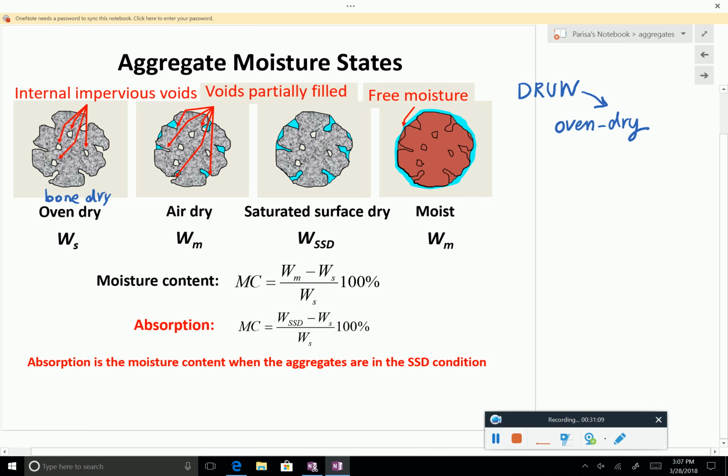Then you have air dry, saturated surface dry, or SSD, and then you have moist. Now we use W sub S for oven dry, air dry, or moist, W sub M, and then W sub SSD for weight. So these are weights of the aggregates at different moisture states.